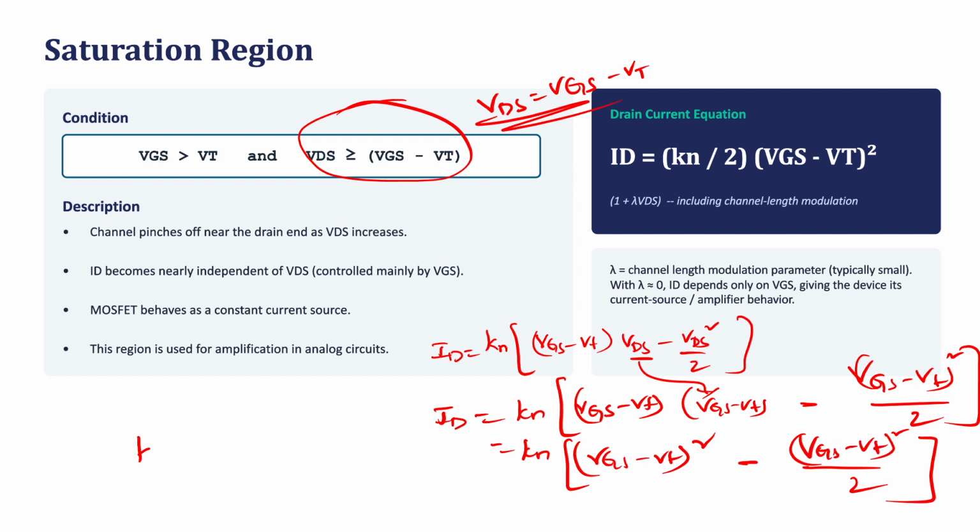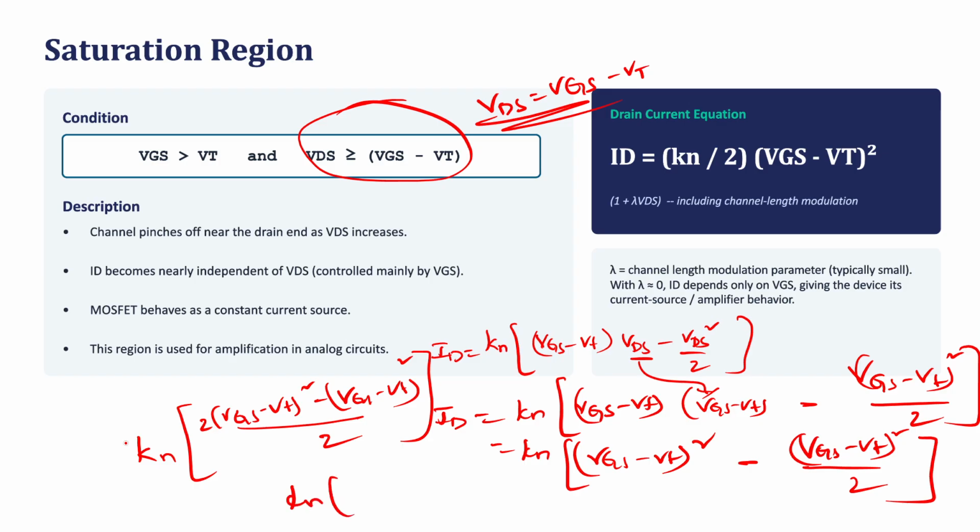So 2 minus 1 gives 1, and we get Kn (VGS minus VT) whole square by 2. This is our final equation in the saturation region.